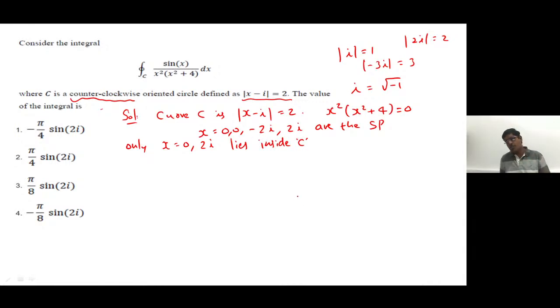You can apply the Cauchy residue theorem or Cauchy's integral formula. So residues. Now of such singular points, here 0 is repeated. This is a pole of order 2. And this is not repeated, a pole of order 1, also called a simple pole.